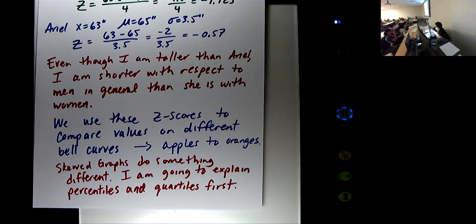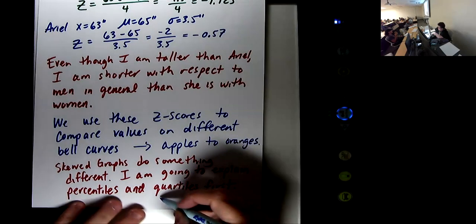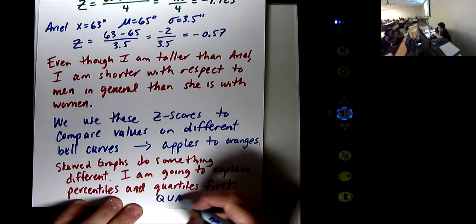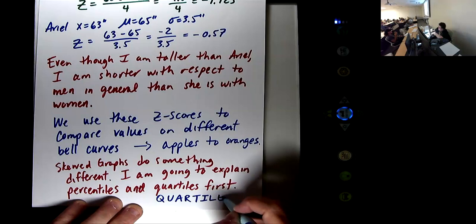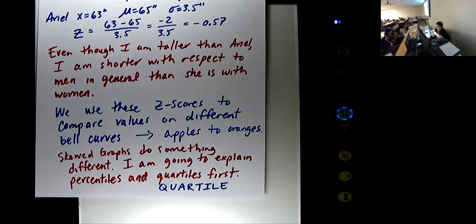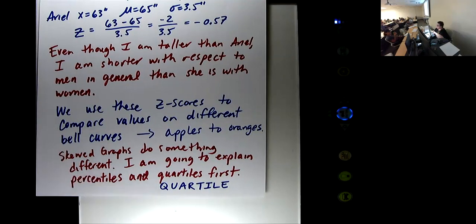The keyword is quartiles, right? Quartile, gotcha. I can spell it out where it looks a little clearer. So quart with an ILE, like percentile is percent with an ILE.